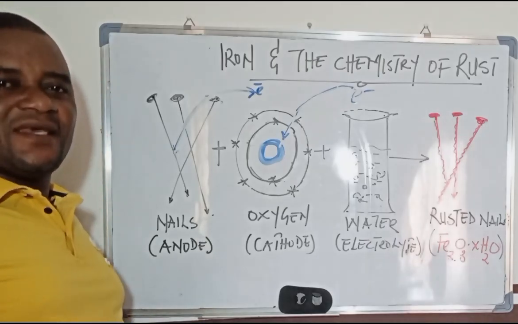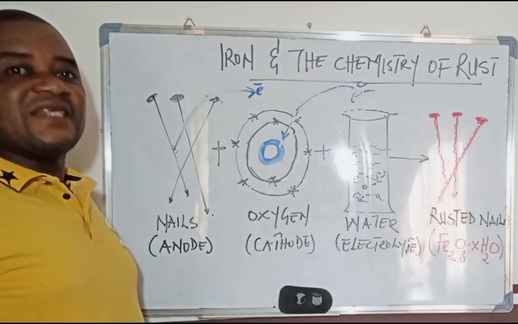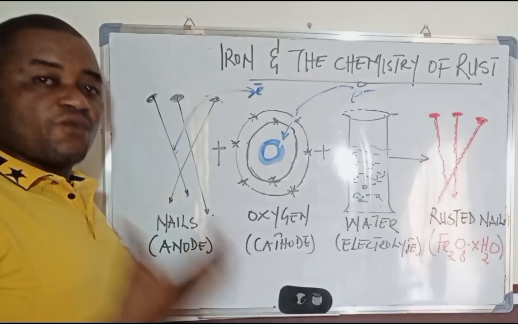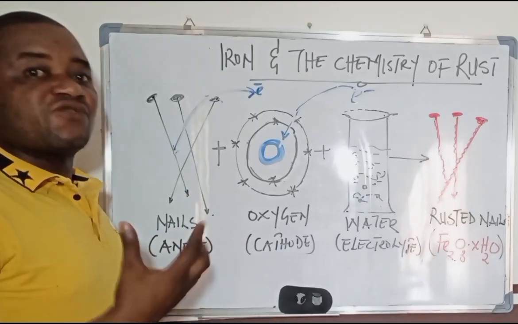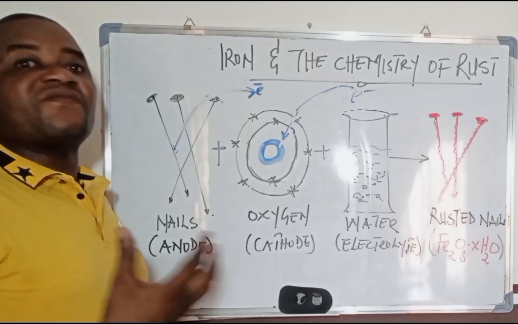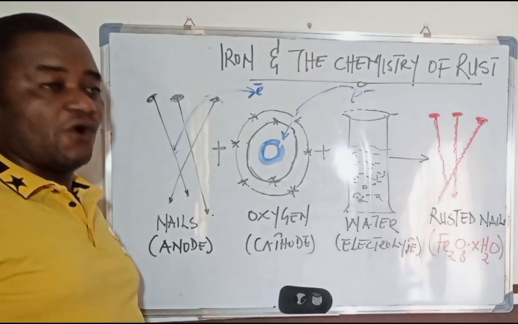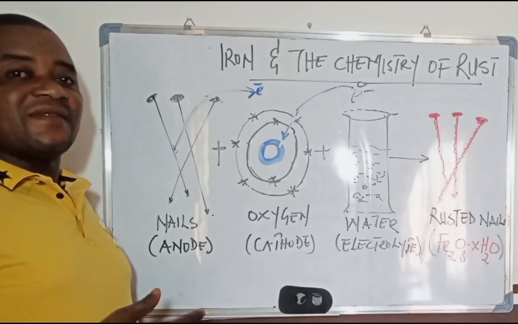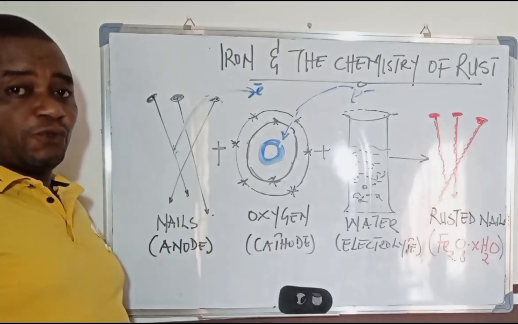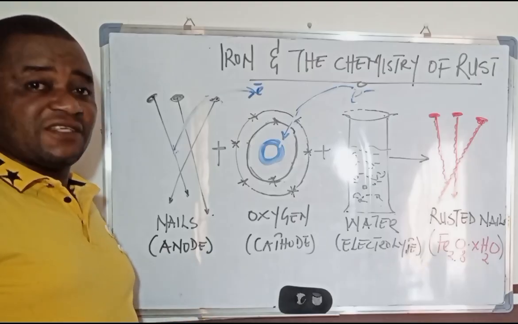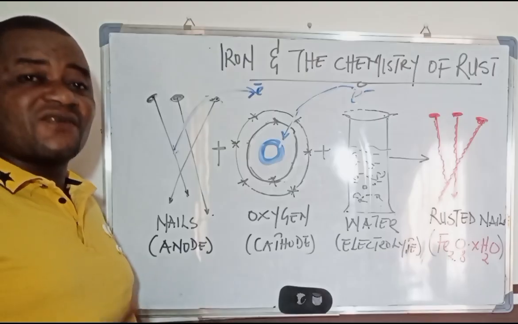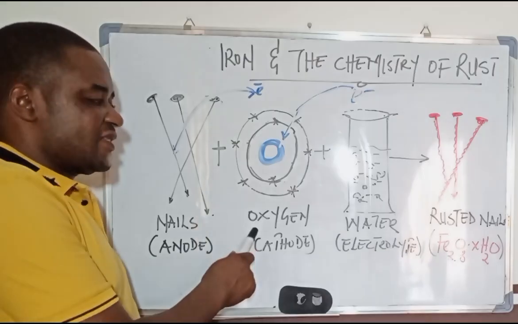So whenever you see your key that you carry along rust, it means that either you generate heat in your palms that creates some moisture around your key that reacts with the oxygen and metal that allows it to rust, or you have allowed water or rain, for example, to fall on you and on that metal or the key, thereby allowing oxygen to act with the water and allow the metal opportunity to do what? To undergo oxidation reaction. So for every rusting process, there must be oxygen and water.